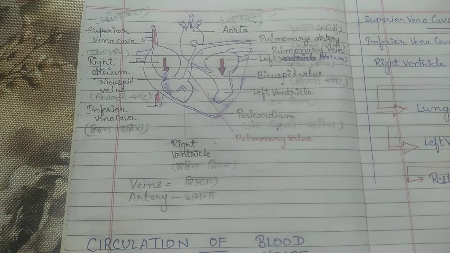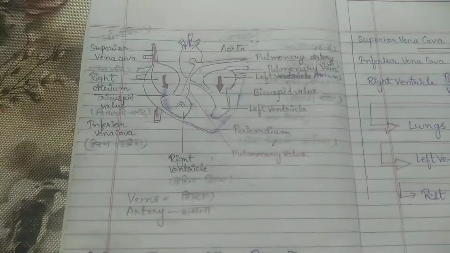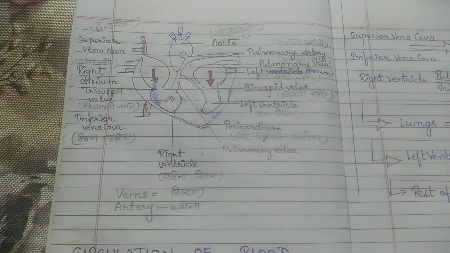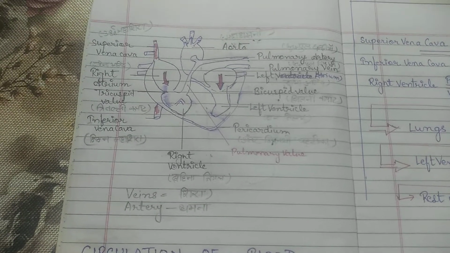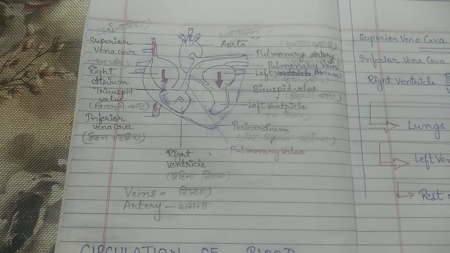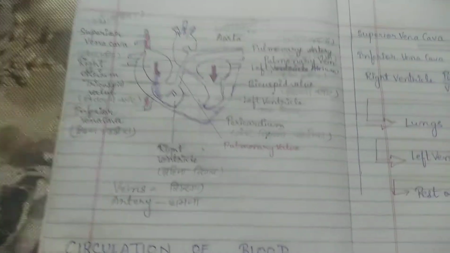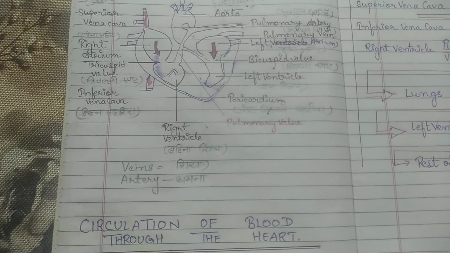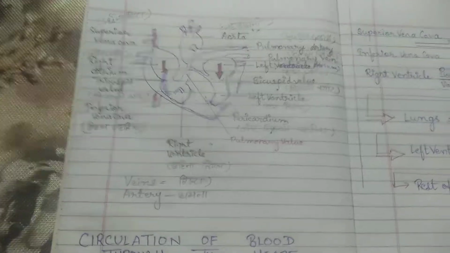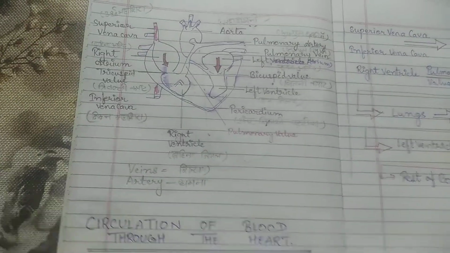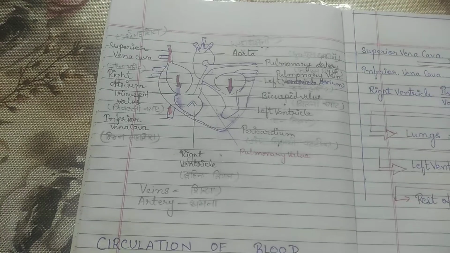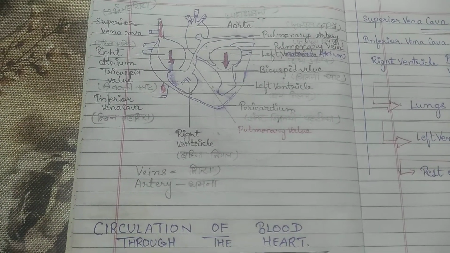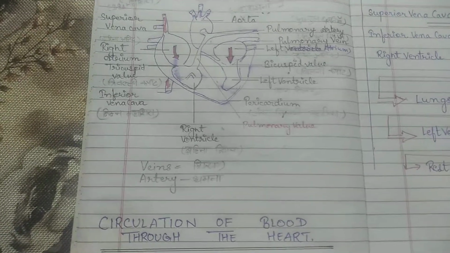Pulmonary artery. As I have said earlier, the pulmonary artery is a very helpful personality. What is the function of the pulmonary artery? It takes all the deoxygenated blood and passes it to the lungs.